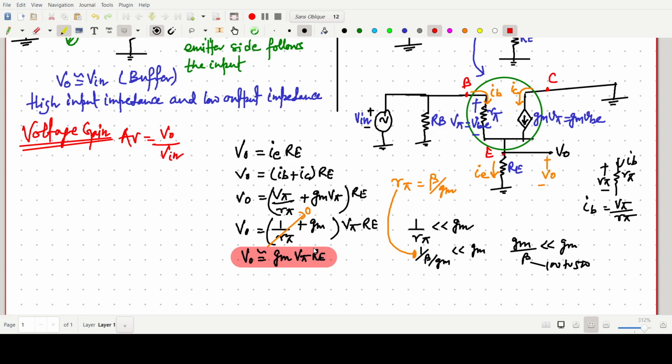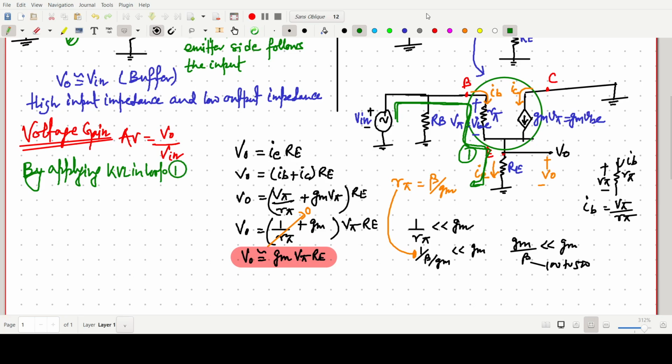Now we have to introduce Vin. So what we can do is go for Kirchhoff's voltage law in this loop, say the loop from this side to this side. So I am applying KVL in loop 1.